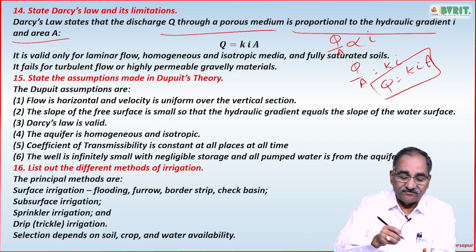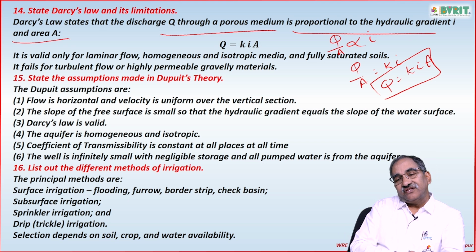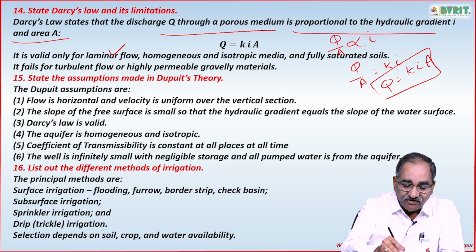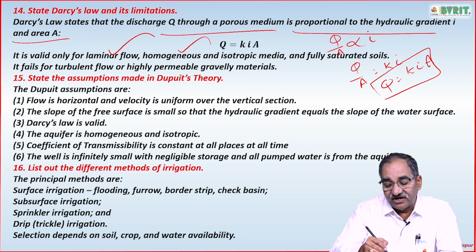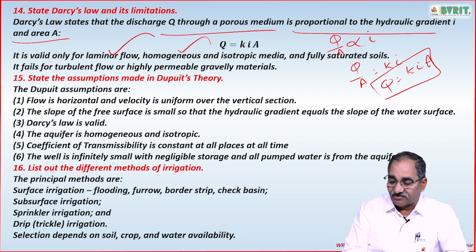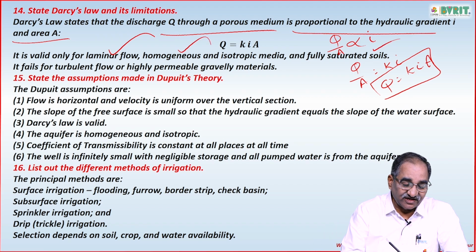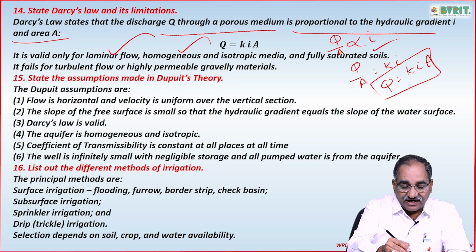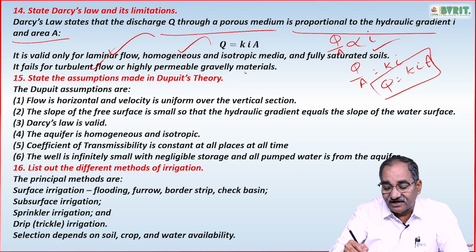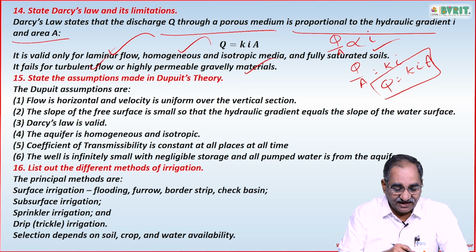This is the definition. Darcy's law is valid only for laminar flow, in homogeneous and isotropic media, and for fully saturated soils. It fails for turbulent flow and highly permeable gravelly materials.